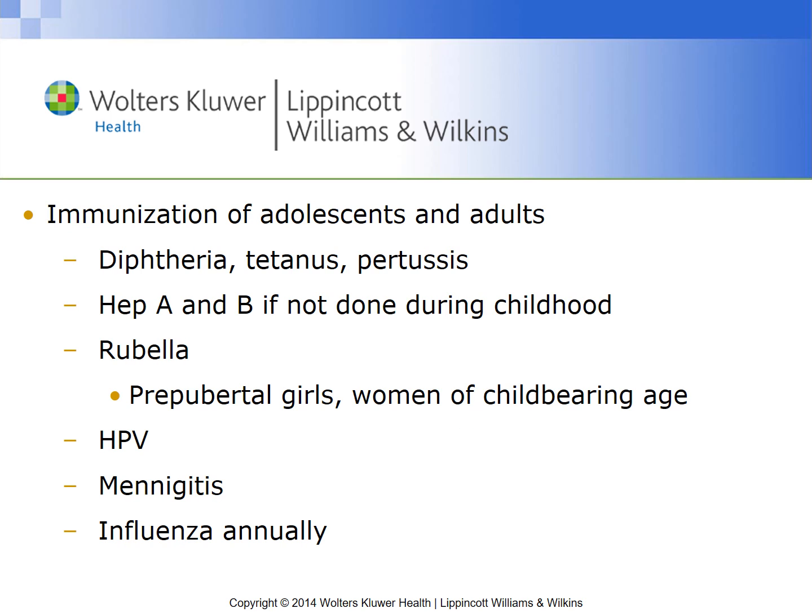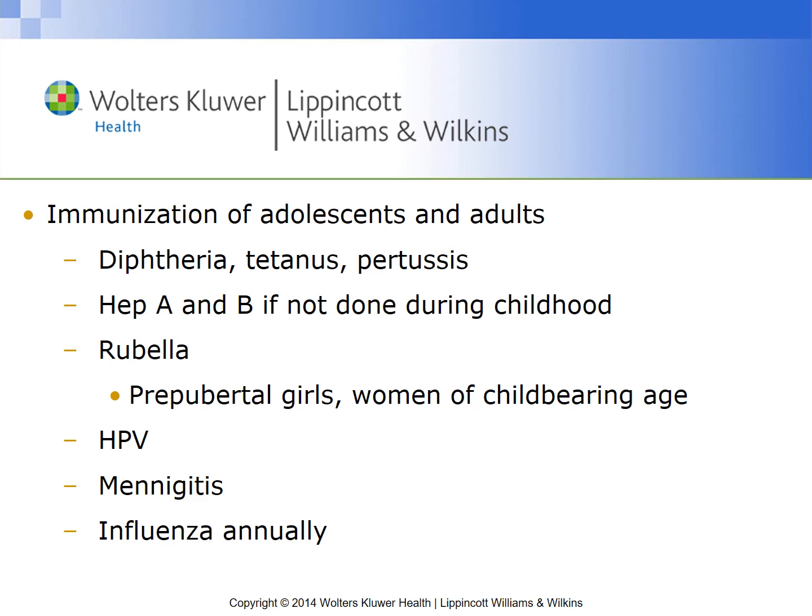And then we have adolescents and adults. So we have diphtheria, tetanus, pertussis, hepatitis A and B if not done during childhood. Rubella is something that's done with pre-pubertal girls and women of childbearing ages.